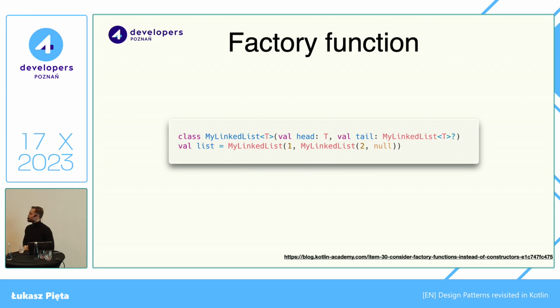And creating an object using this constructor is very verbose. It's showing how this data structure works, and probably the client doesn't need to know it. What the client wants to do here is to create a list of 2 elements, and now he needs to invoke 2 constructors and know how it's going to be constructed.